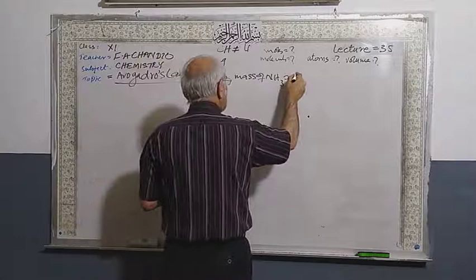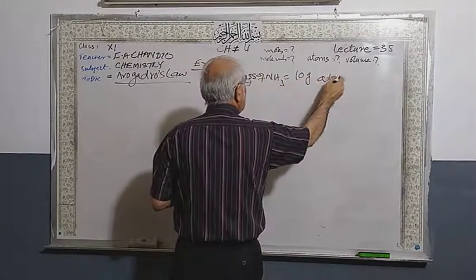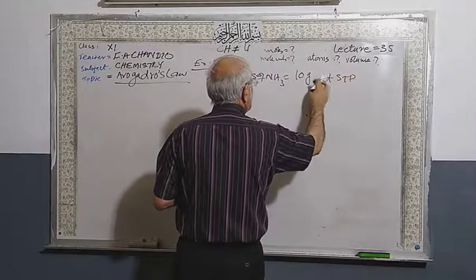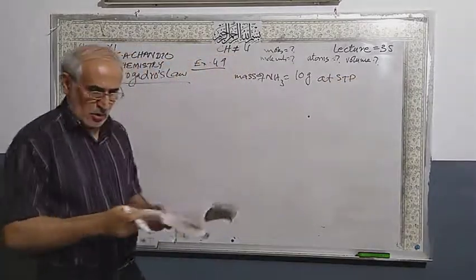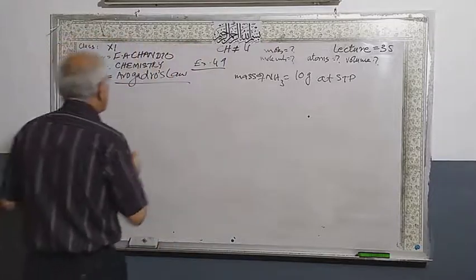Mass of ammonia gas is given as 10 grams at STP. Simple, you did this before.